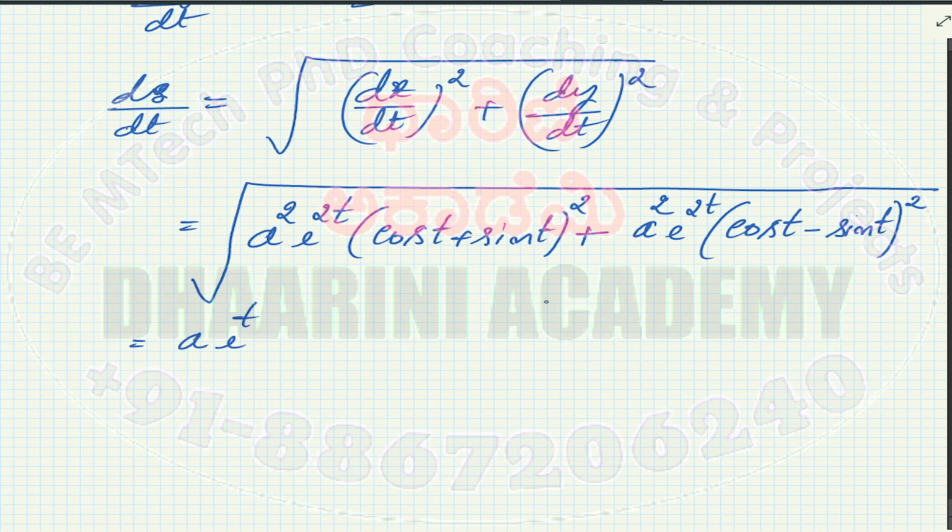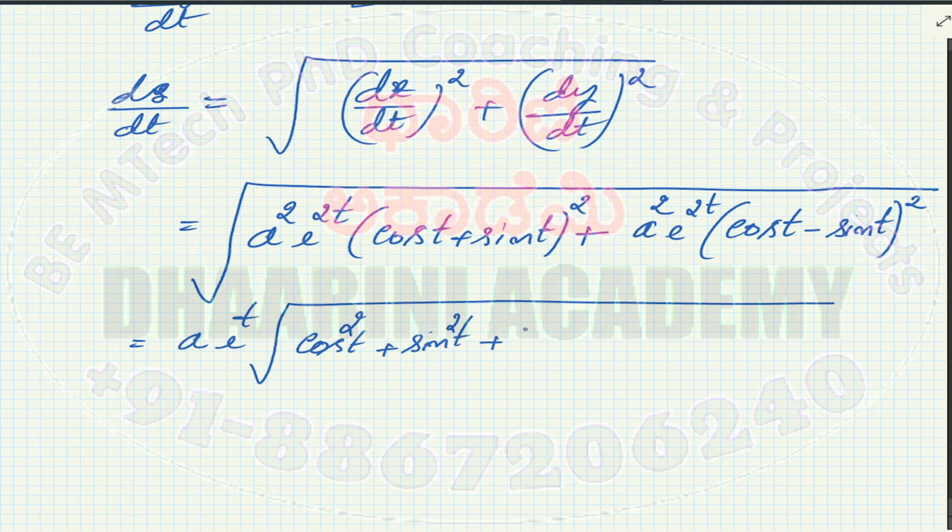Okay, then I write square root of, now this is nothing but cos square t plus sine square t plus 2 times sine t into cos t, that is expansion of this term, cos t plus sine t the whole square. Alright, then plus in the second term you can see that a square e to the 2t has already gone out.